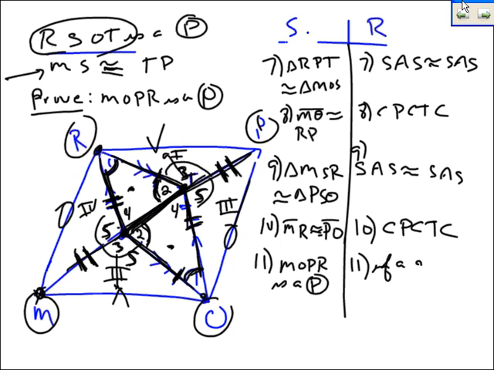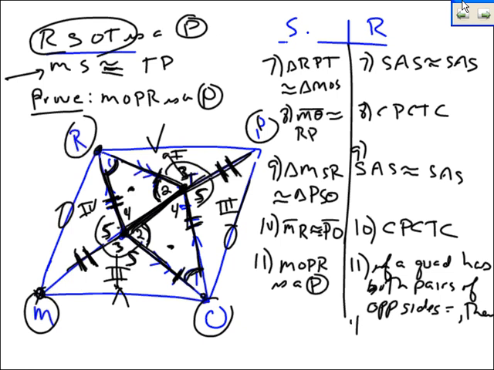The reason: if a quadrilateral has both pairs of opposite sides equal, then the quadrilateral is a parallelogram.